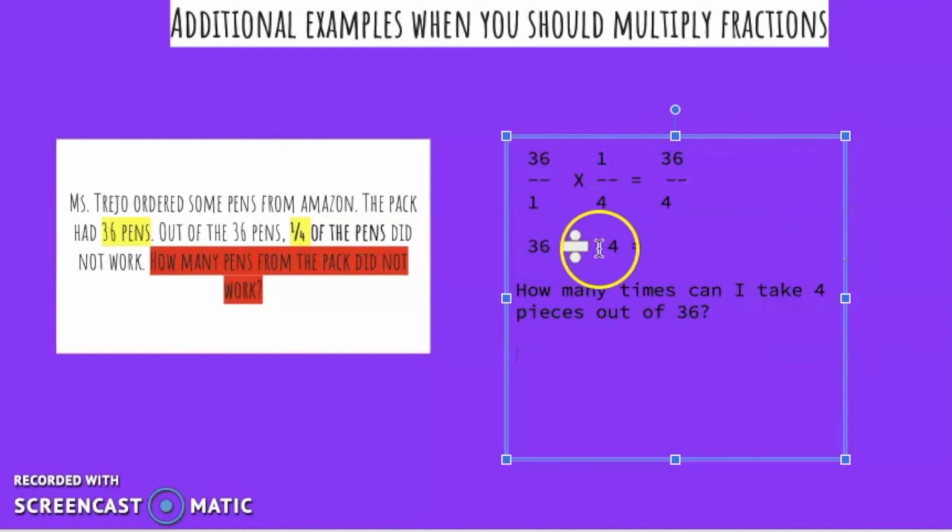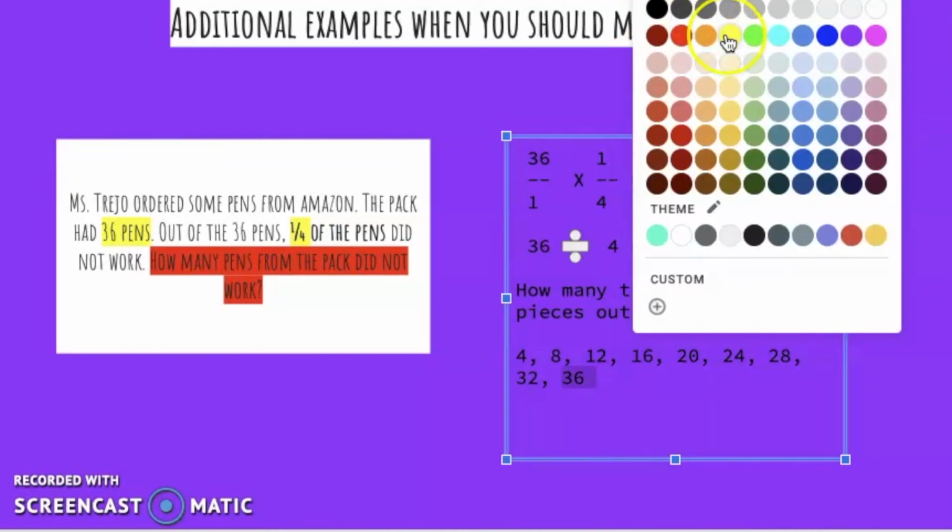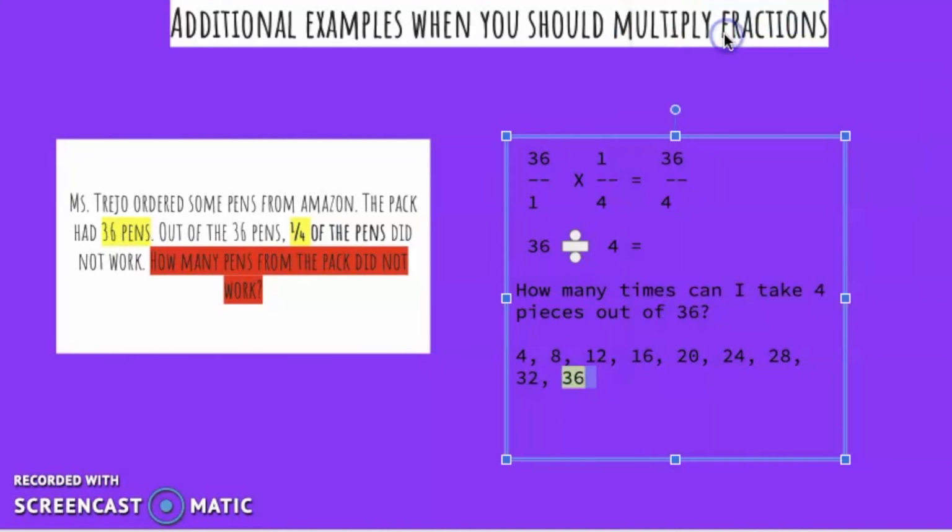So I'm going to do the times tables of 4. So I have 4, 8, 12, 16, 20, 24, 28, 32, and 36. And I'm going to stop right here because I have reached the same number in my T-chart as my dividend.